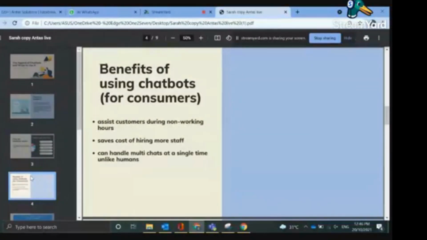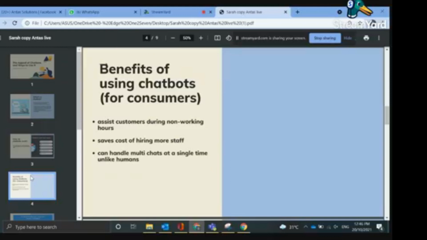The main benefit is you could assist your customers during non-working hours, because when your customer is asking something, a bot would answer. Someone would answer if they're texting and visiting your website at 2 a.m. and 3 a.m., which we all do. It would be a missed opportunity if there wasn't a chatbot for your customer to ask immediately.